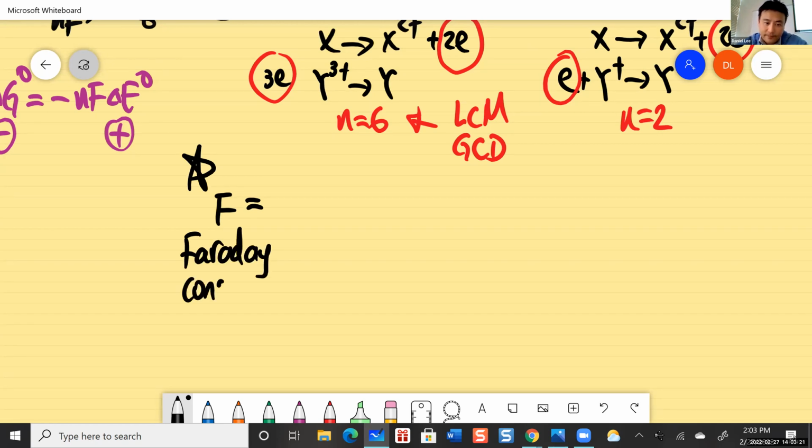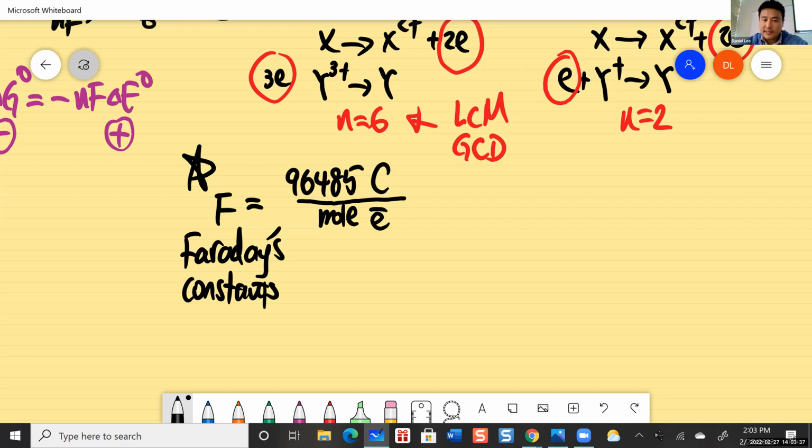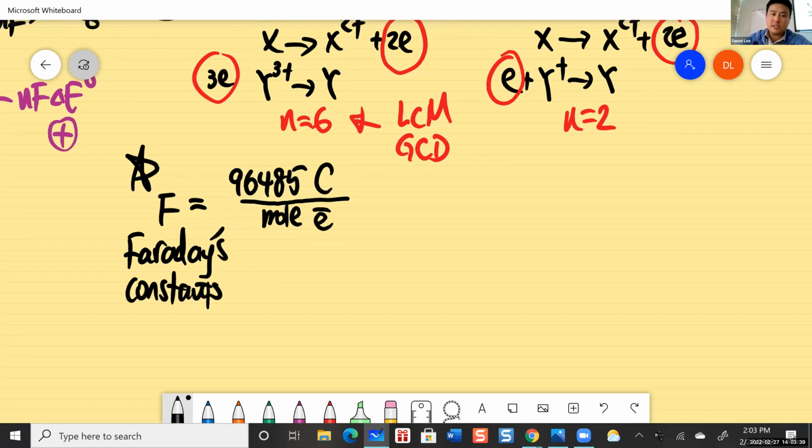Faraday's constant tells you it is 96,485 coulombs per mole of what? Electrons. Let's take a look at what that means, because we need this for electrolysis. Charge in chemistry actually has a unit.